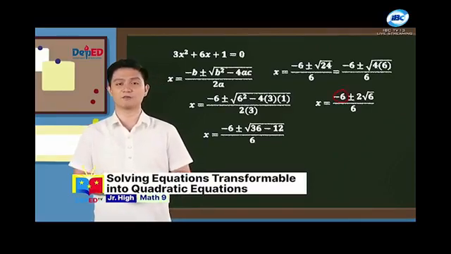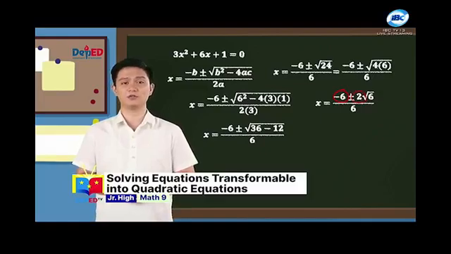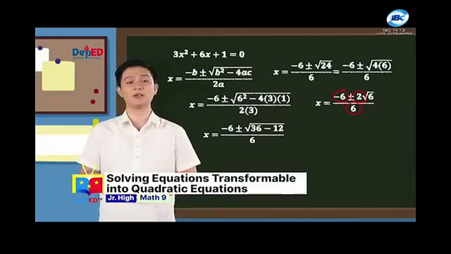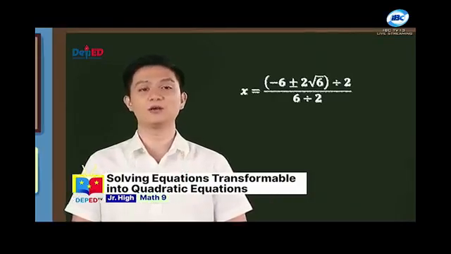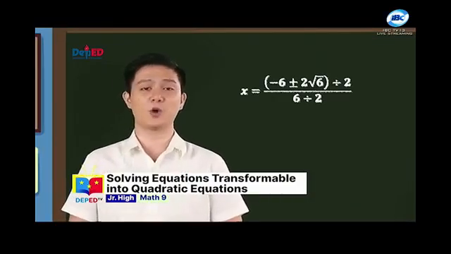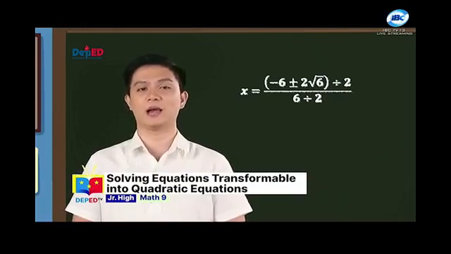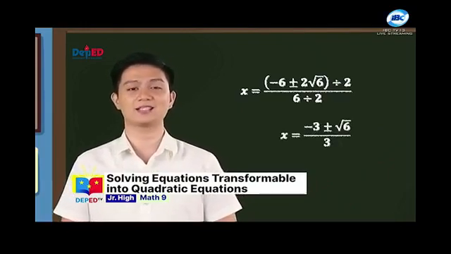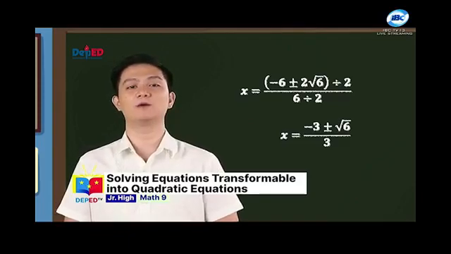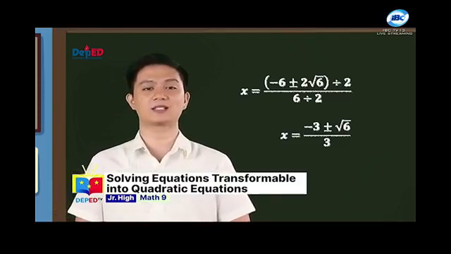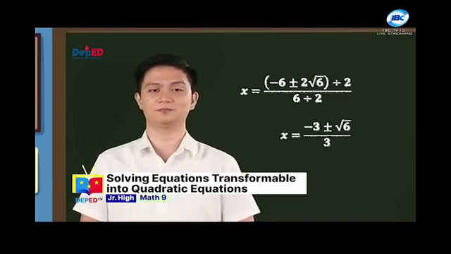The constant negative 6 and the coefficient 2 and the constant 6 in the denominator are all divisible by 2. So, we can reduce the expression to its lowest term by dividing both the numerator and denominator by 2. Thus, x is equal to negative 3 plus or minus square root of 6 all over 3.